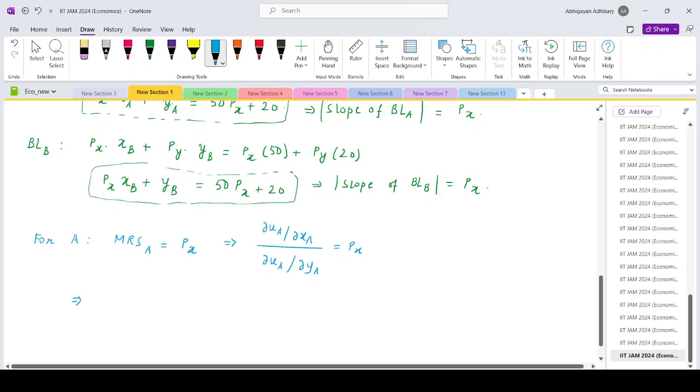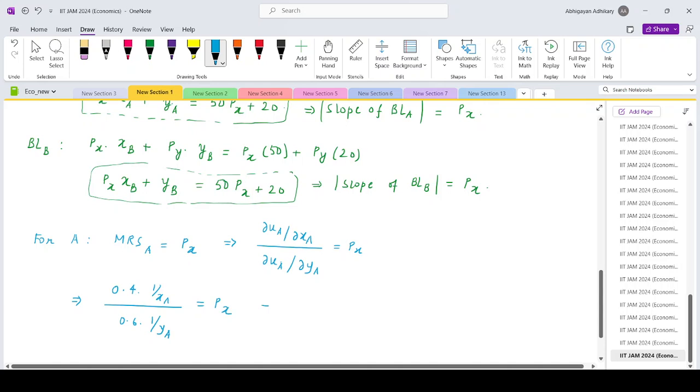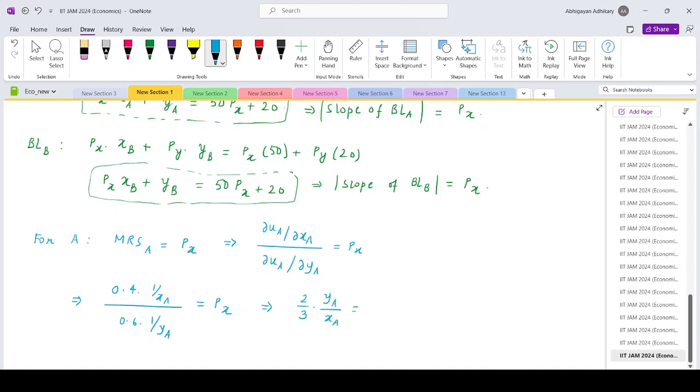So that means 0.4 times 1 by XA divided by 0.6 times 1 by YA is equal to Px, which is 2 by 3 into YA by XA is equal to Px. This is the optimization condition.